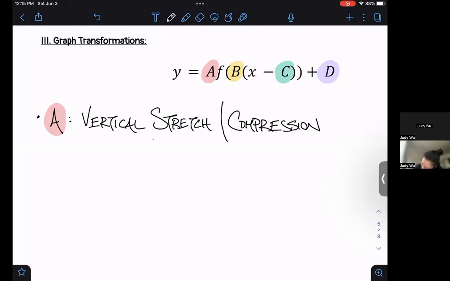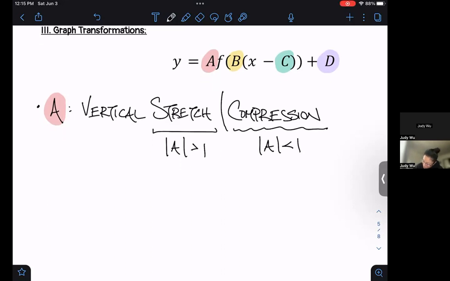Now the vertical stretch happens when the absolute value of A is greater than 1, but the compression happens when the absolute value of A is less than 1. So the compression is like 0.5 or 0.7, but the stretch would be like 1.5 or 1.7, any number bigger than 1, okay?